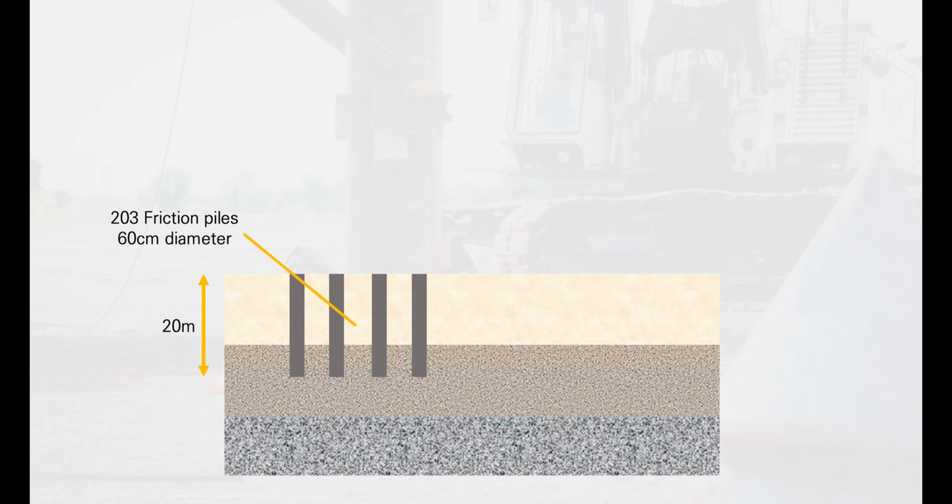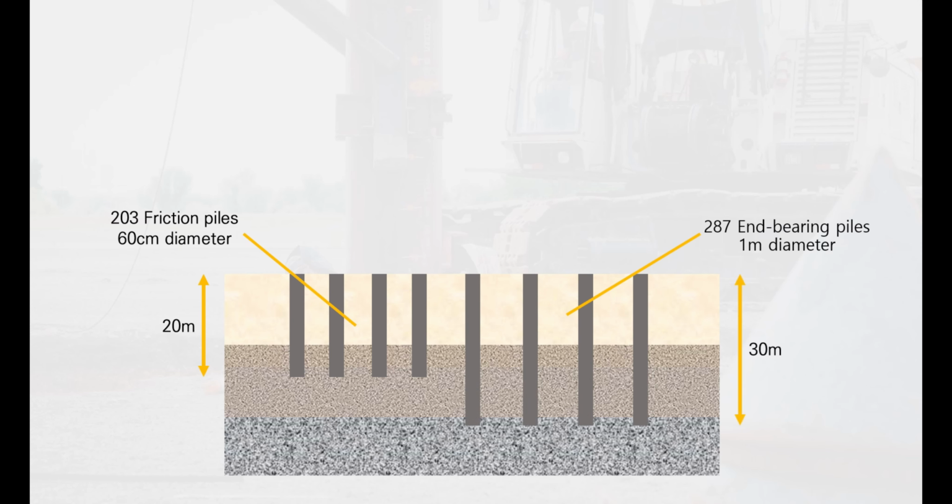They used 203 friction piles, which have a 60 cm diameter, on the front side where the weight is going down into the ground due to the inclination, and 287 end-bearing piles, which have a 1 meter diameter and run to a depth of 30 meters to a bedrock to anchor tightly to the soil.